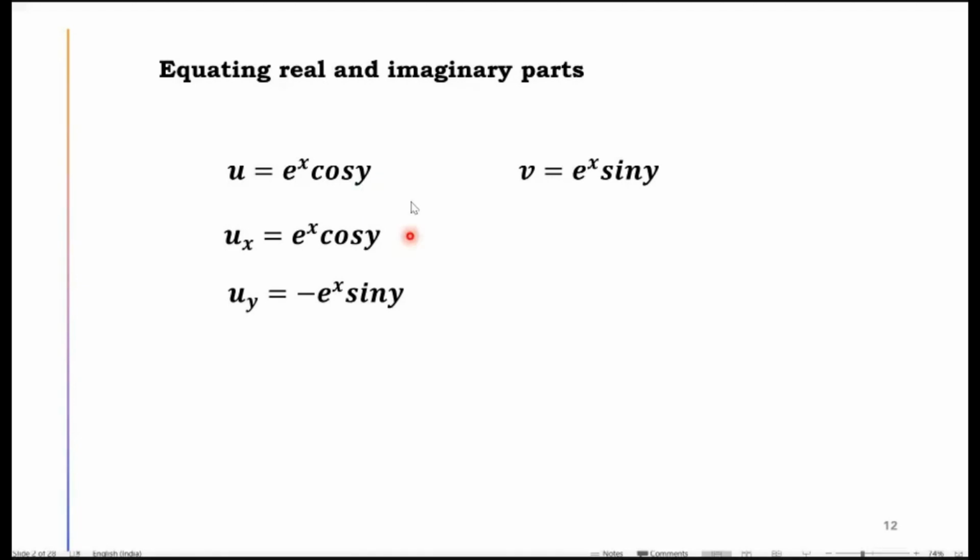Only sometimes the mistake comes here. When you are differentiating it partially, just be careful कौन से फंक्शन से हम डिफरेंशिएट, कौन से वेरिएबल से डिफरेंशिएट कर रहे हैं.